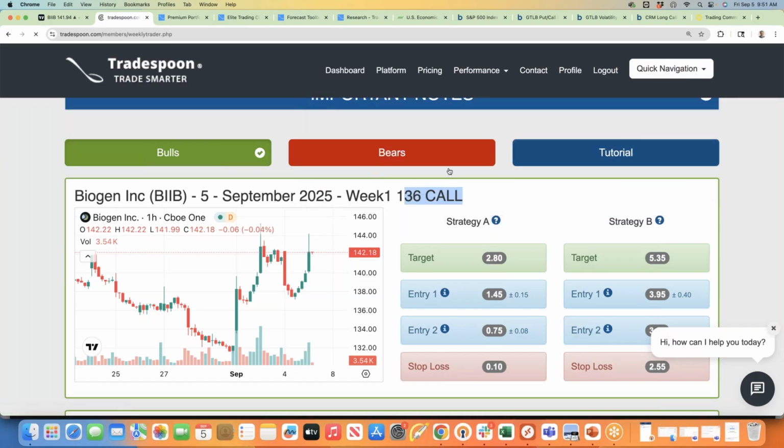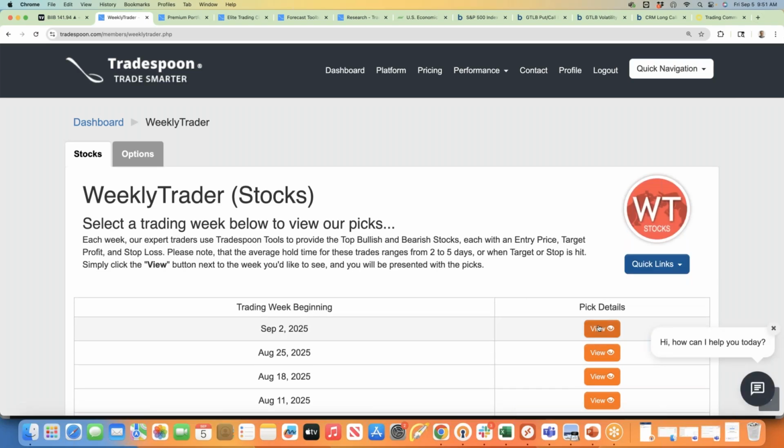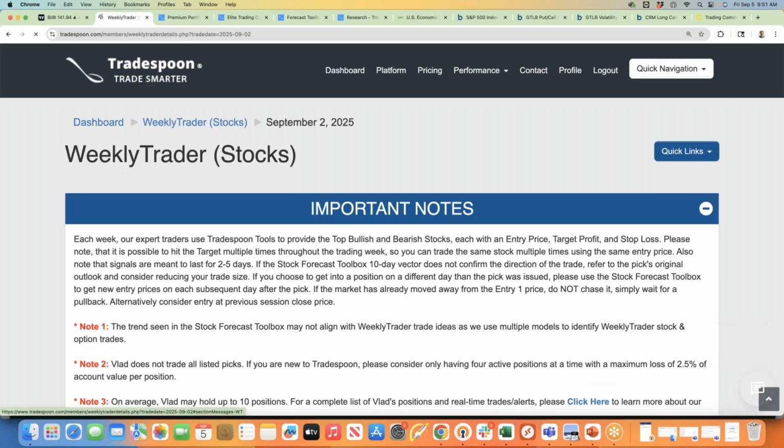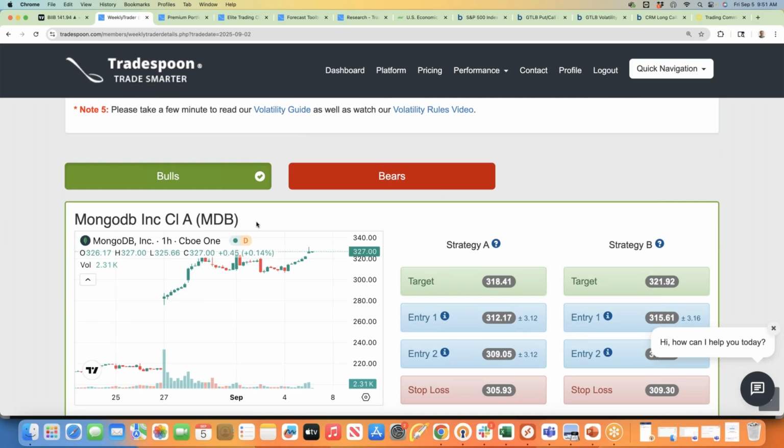If you look at the weekly trader this week, on Sunday the model runs and gives the predictions, MongoDB. So if you bought on Monday, well, Monday we were closed, September 3rd. Yeah, if you bought on September 3rd, it's actually up very nicely. Same idea.